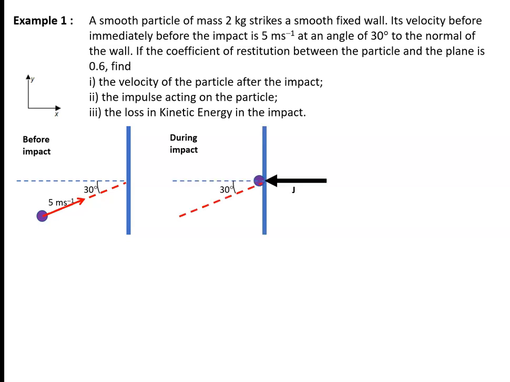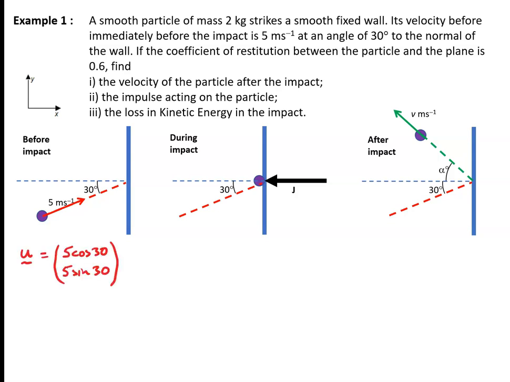During the impact, since the wall is smooth, the impulse is perpendicular to the wall. After the impact, we have the particle moving away from the wall with a speed of v meters per second at an angle of alpha degrees to the normal.